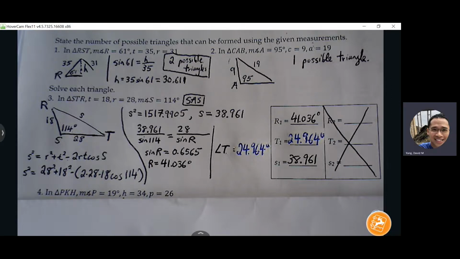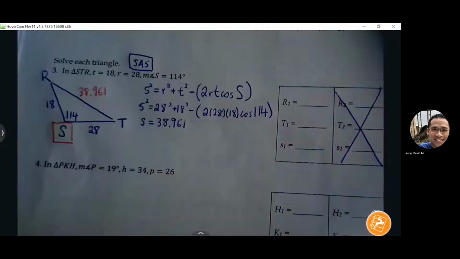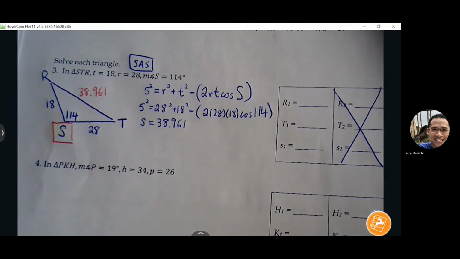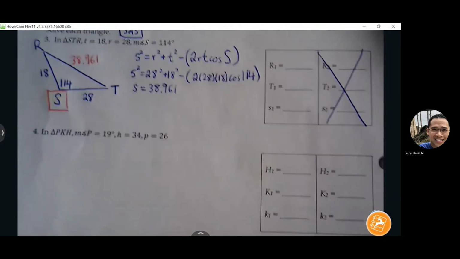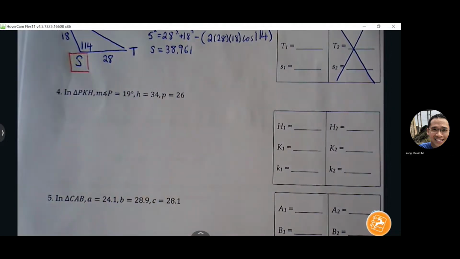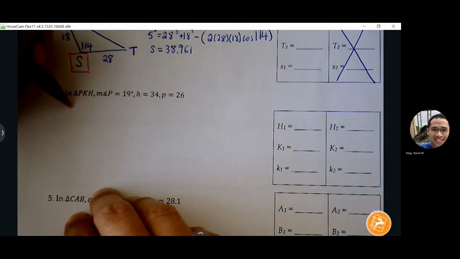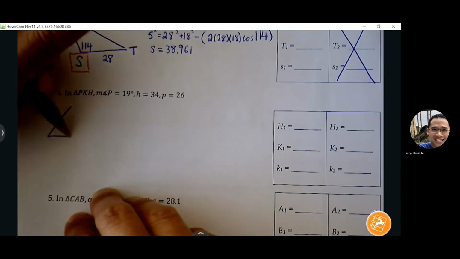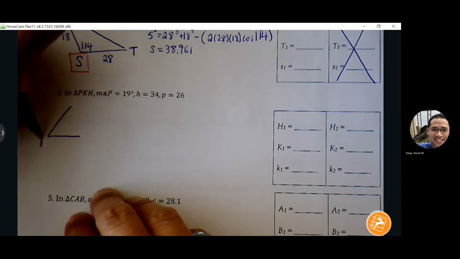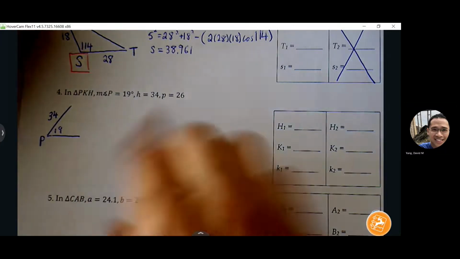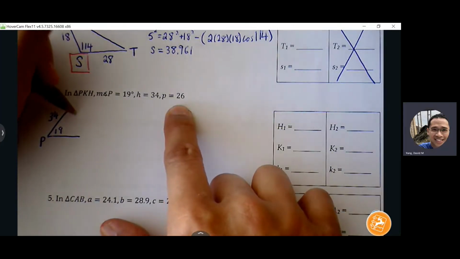All right, let's look at number 4. Angle P, side H, and side P. Got that hanging side here.